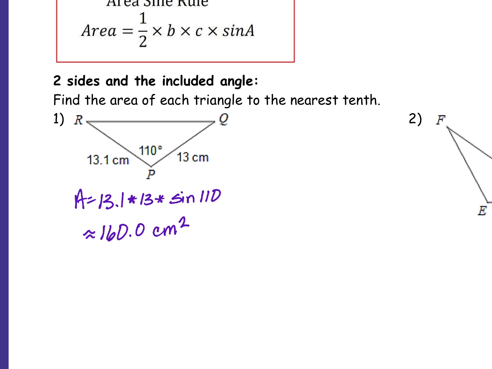Oh yeah, Jess, I put it in like this. Can you see it right there? 13.1 times 13 times sine of 110. And if you're going to put it into Desmos, you're just going to put it in the same way. Oh, did I forget to do it?